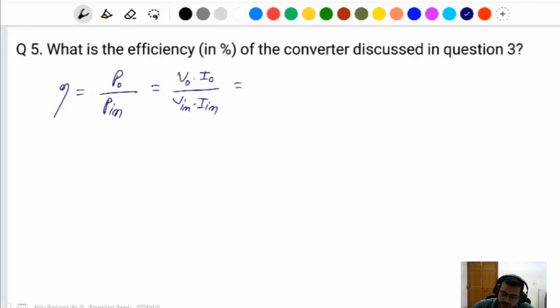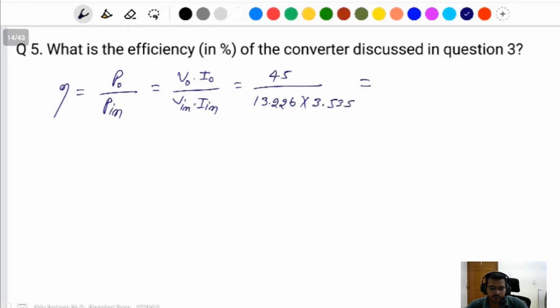Output power already given is 45. Input voltage is 13.226. Input current is 3.535. If you calculate this, we will get 96.25% efficiency of this converter.